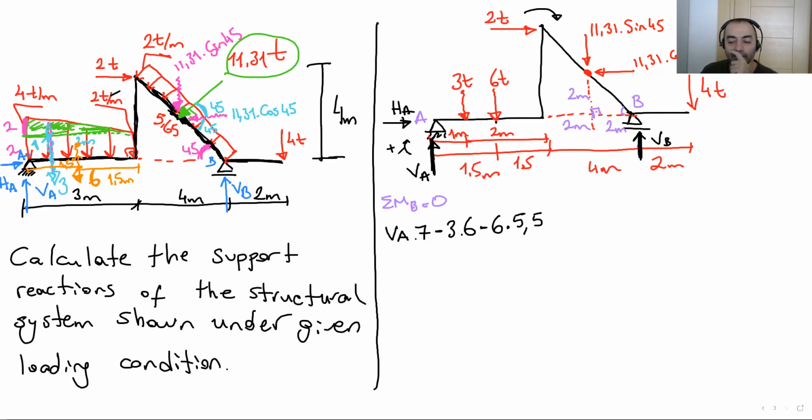Any idea? Negative. Is this the same direction as the first assumption or not? Oh yes, sorry, it's positive. It rotates the system in the same direction as our assumption at the beginning.